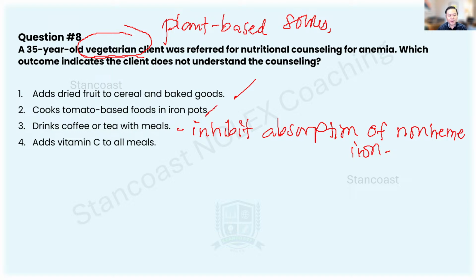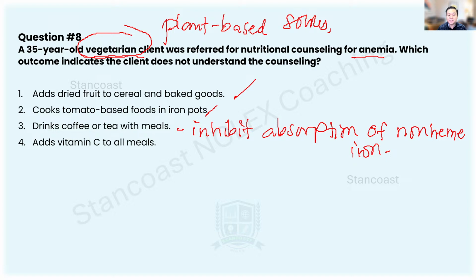And 4, adds vitamin C to all meals. So this question is kind of vague, right? It's just asking about anemia. But we know for sure this is a patient that is a vegetarian. And so they're going to be prone to developing any kind of anemia here, especially since they're not consuming any animal-based food sources. Now, what about number 4?